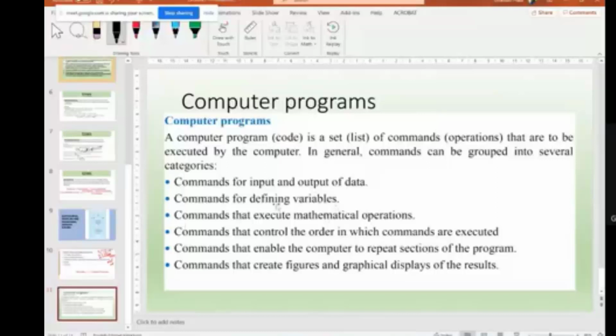We have many commands for input and output of data, commands for defining variables, commands that execute mathematical operations, commands that control the order in which commands are executed, commands that enable the computer to repeat sections of the programs, and commands that create figures and graphical displays of the result, as we did.